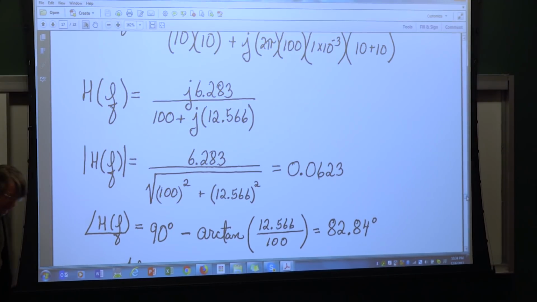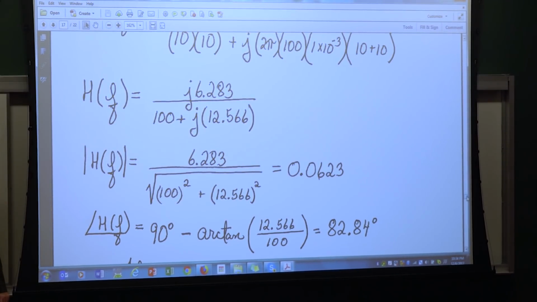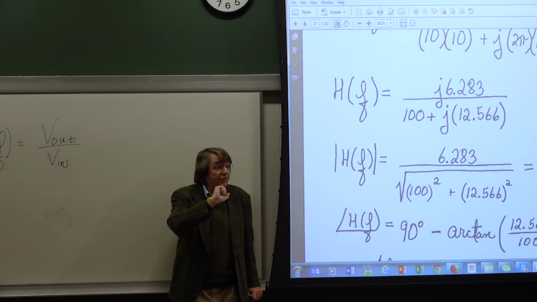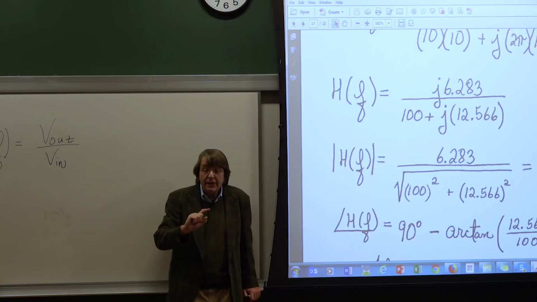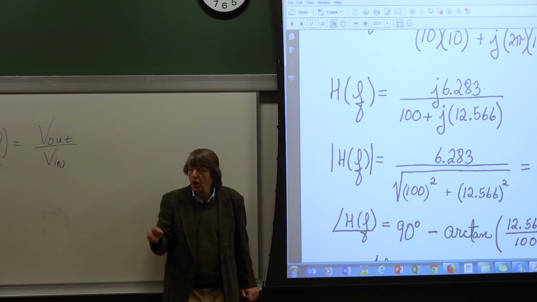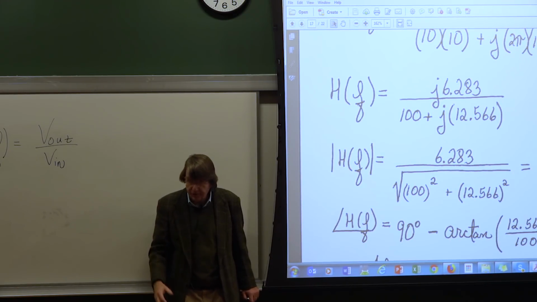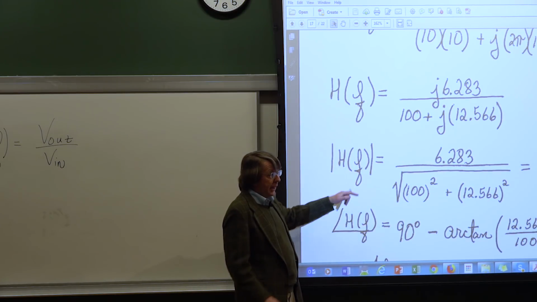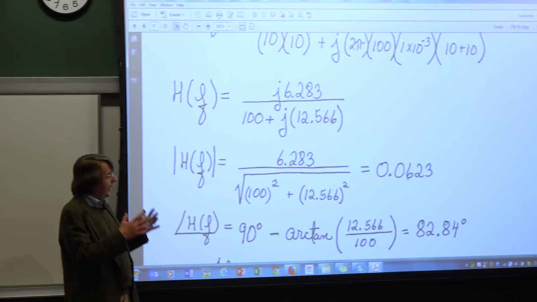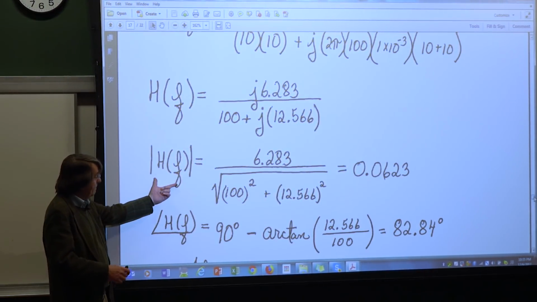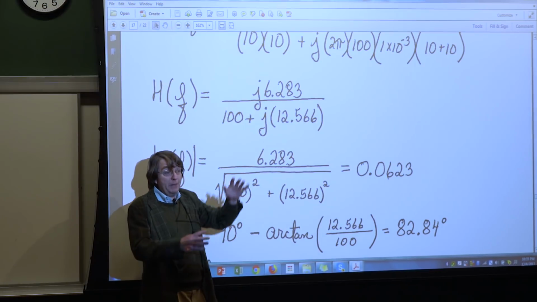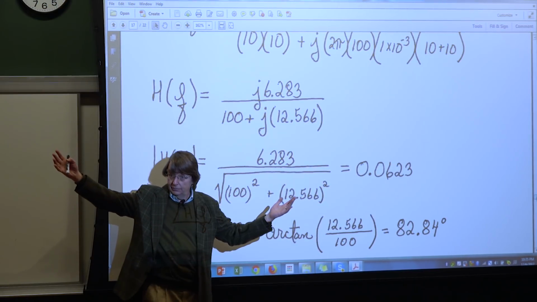Now, my colleagues, a filter changes 2 things: the amplitude and the phase. So I now need to get 2 equations, one for the amplitude, one for the phase. So I say, all right, how do I get amplitude? Think of the magnitude here. How do I get the magnitude of this? The magnitude means the length of the vector.